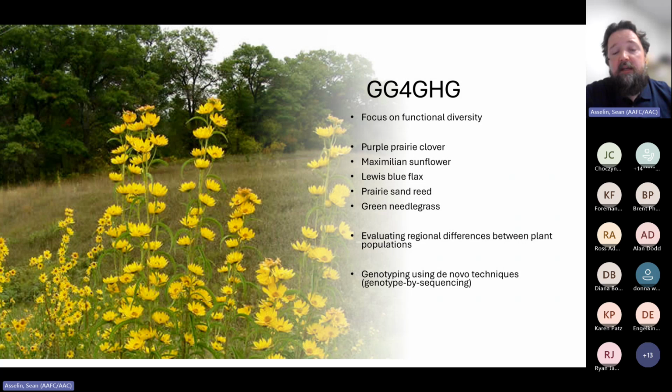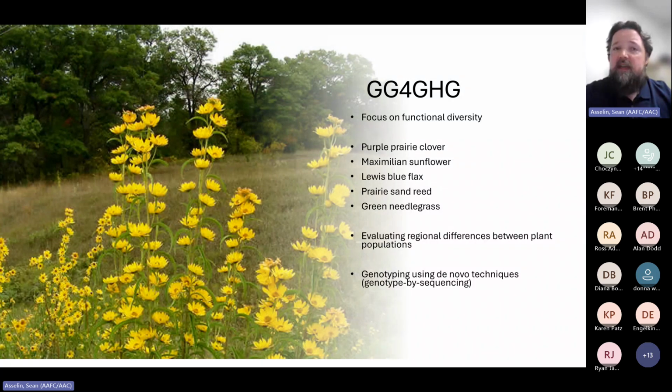And the main technique that we're using to characterize these populations is, well, we're using the hydroponics facility to do drought tolerance testing, but we're also genotyping the materials using a technique called genotype by sequencing. This is a method of generating molecular markers based on the genetic code. And we can use these to determine population differentiation that might be hidden to the eye.